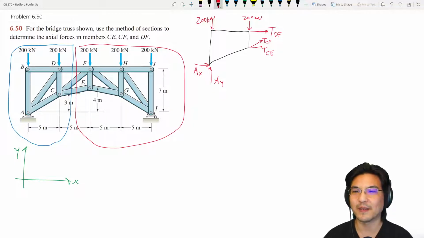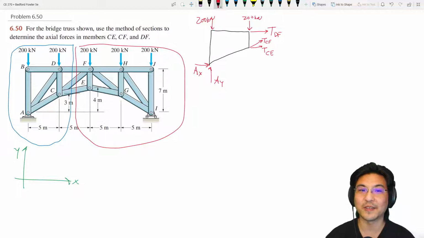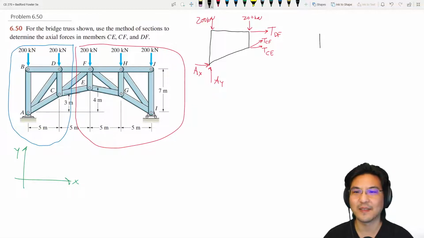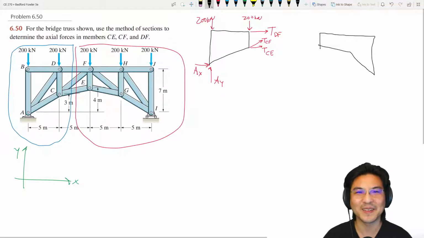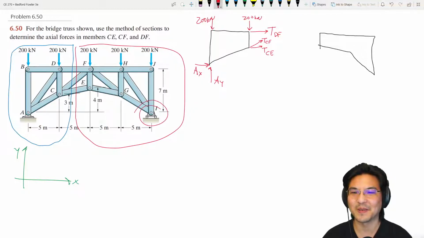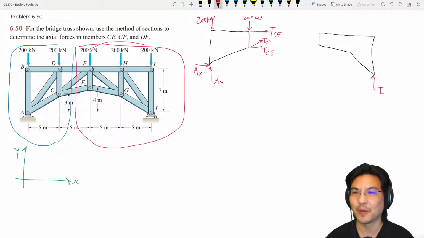But then if I pick the right section, then that will look, let's see, kind of like, not exactly, but kind of like this, where there's a roller at I. There's a roller at I. There's these three loads, 200 kilonewtons each.